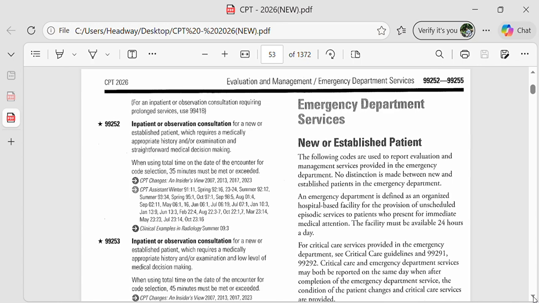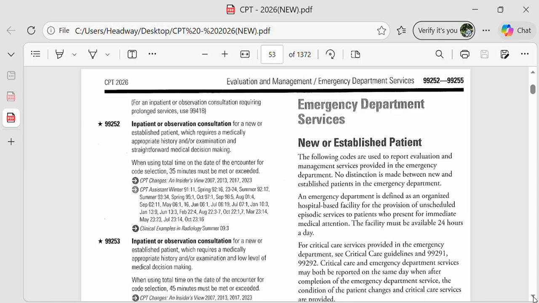If a patient came to the emergency department and shifts to the inpatient, that procedure is different. But coming to the emergency department, there is no differentiation of inpatient outpatient. If a patient came to the emergency department, first they will do their procedures.